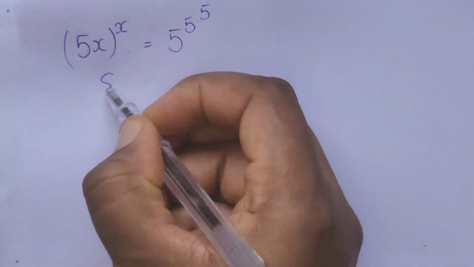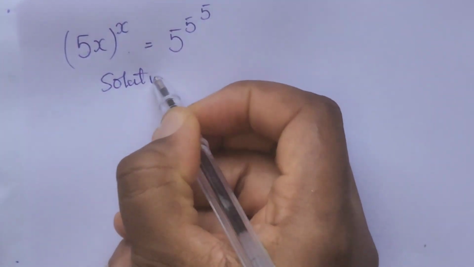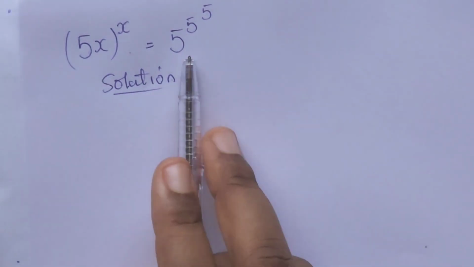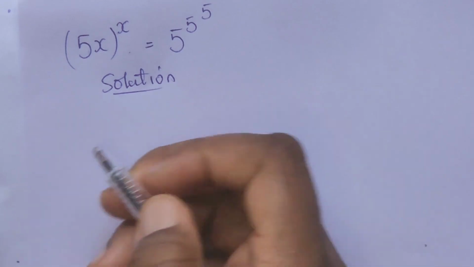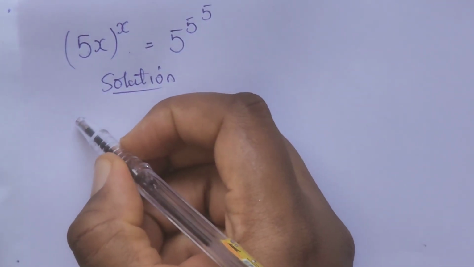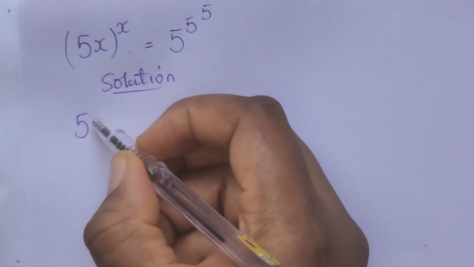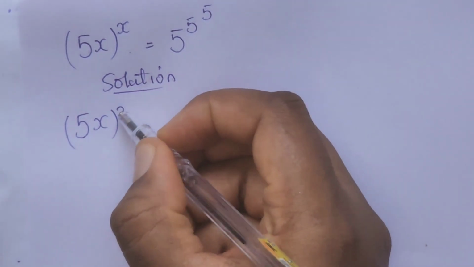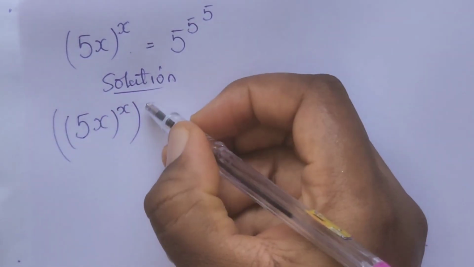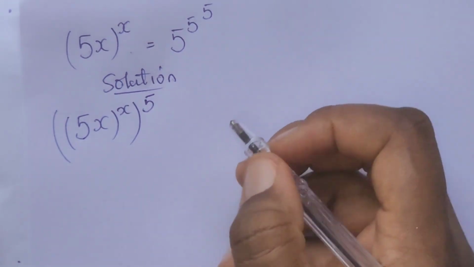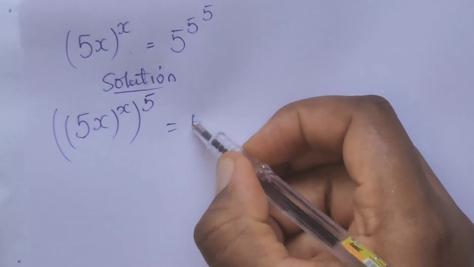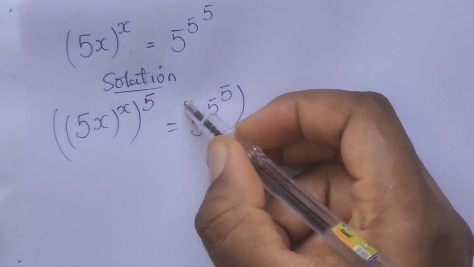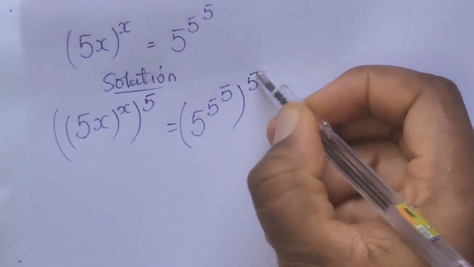Now for us to resolve this, let's multiply the powers on both sides by 5 to have 5x to the power of x further raised to the power of 5 should be equal to 5 to the power of 5 to the power of 5 further raised to the power of 5.